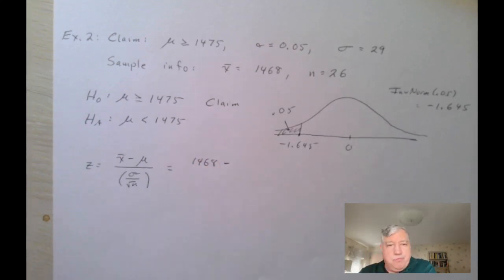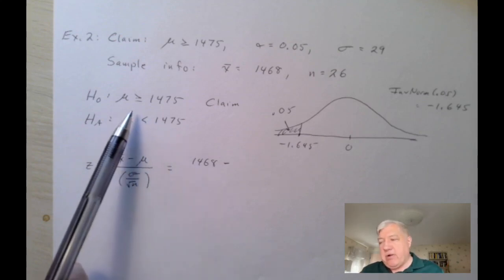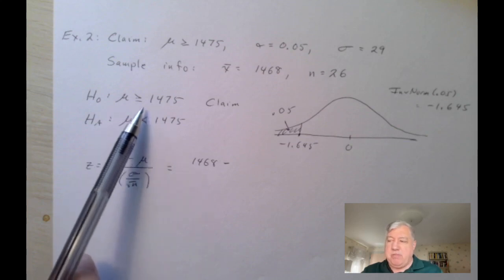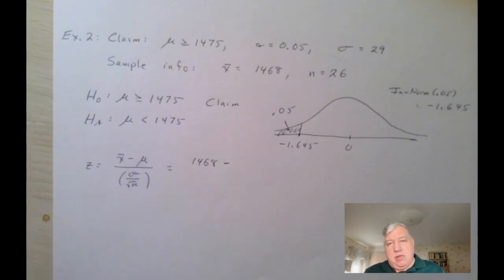Now what is mu? Well, we assume mu is greater than or equal to 1475. So we can assume that, because mu could be 1475, we might as well assume it.